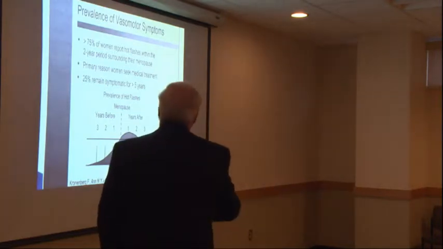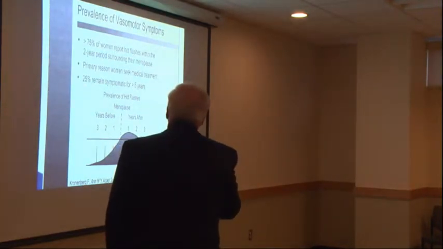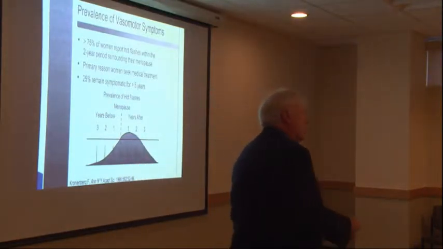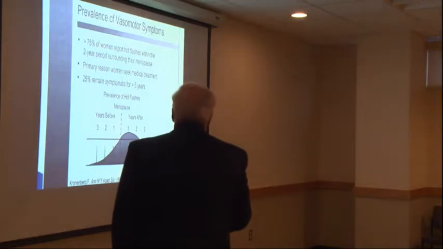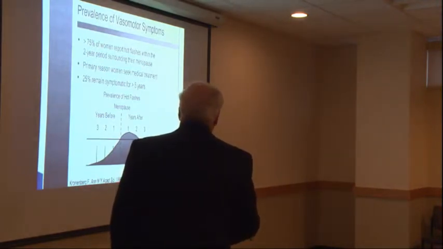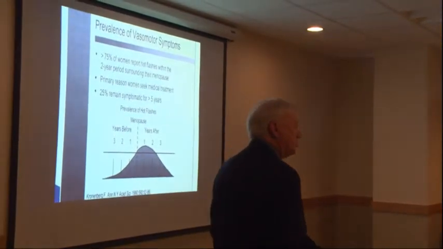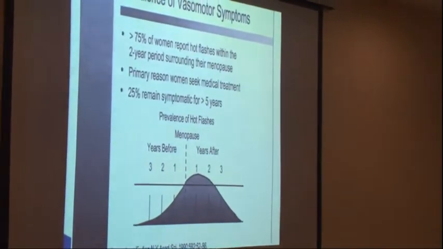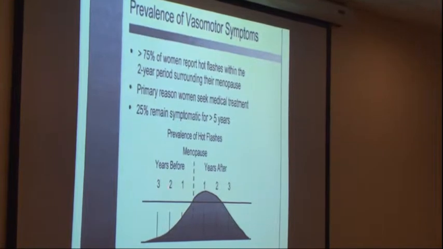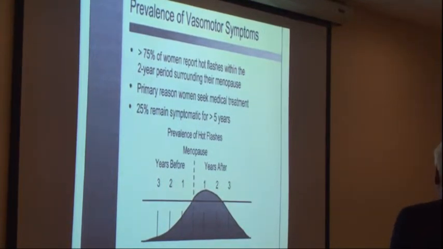Let's read the last sentence. 25% remain symptomatic for greater than 5 years. I don't see years 4 and 5 out here. So when you see this graph, taken from that 1990 Cronenberg lecture, she's saying 10% had greater than 11 years, 25% greater than 5 years, but this graph says it's over within 3 years.